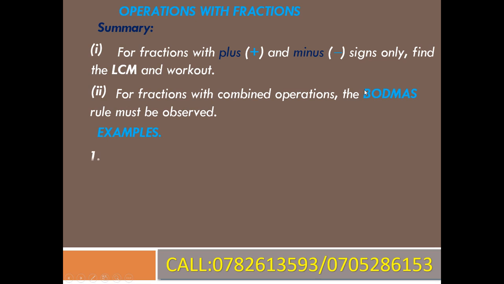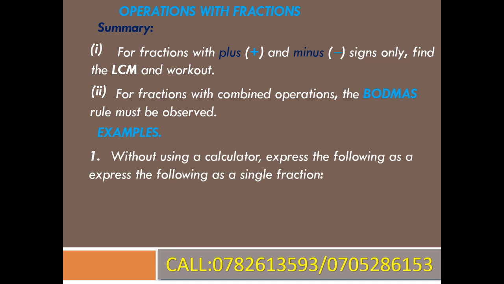So, can we use that concept and work out this example 1? Without using a calculator, express the following as a single fraction. So we have 2 out of 5 plus 3 out of 7.